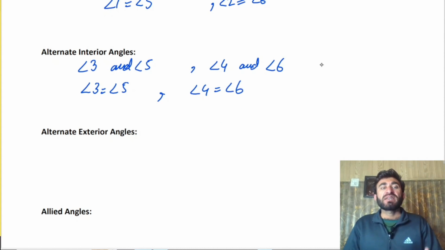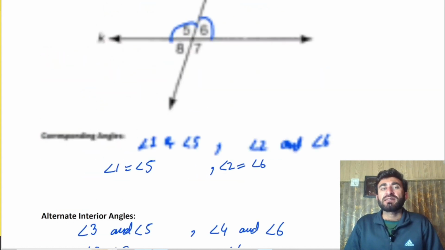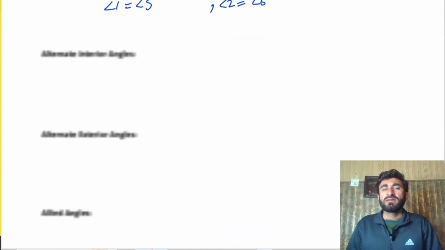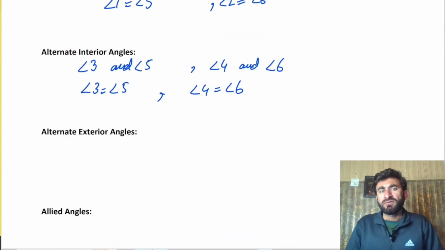Similar is the case with alternate exterior angles. Let's see which pairs are the alternate exterior angles. I think 2 has an alternate exterior at 8 and 1 has at 7. So 1 and 7, and 2 and 8. Just fill it in like the above.